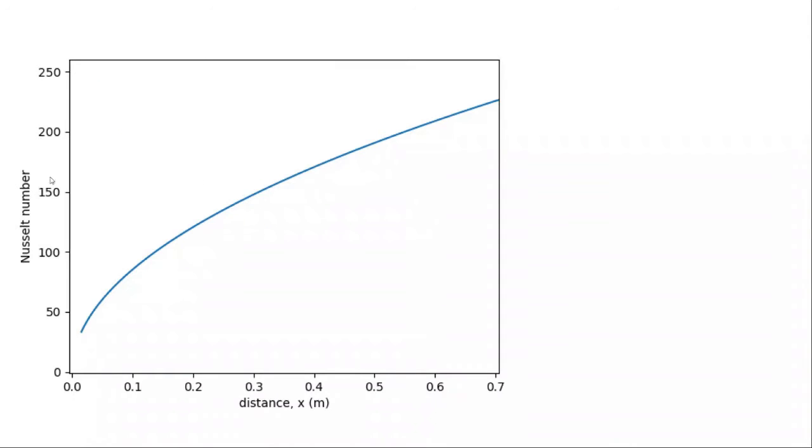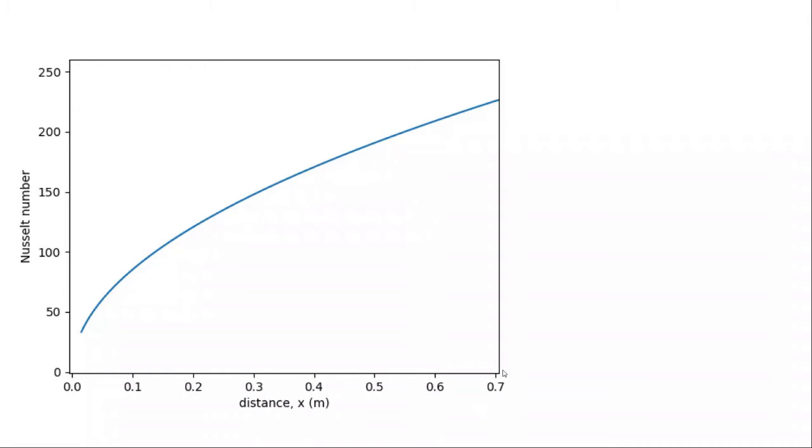And if we graph the Nusselt number versus position along the plate for a single velocity, this is for 10 meters per second, then we see that increase with distance obeying a square root dependence, because the Nusselt number depends on the Reynolds number to the square root, and for a constant velocity, the Reynolds number is increasing linearly with distance.